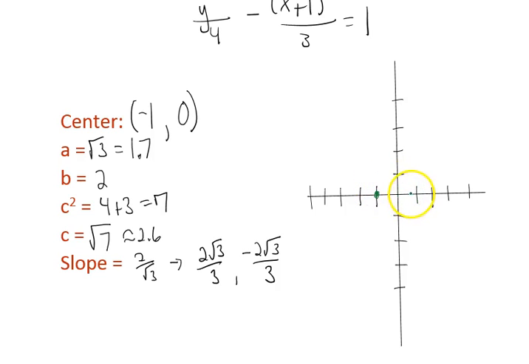That again, I'm just trying to estimate it when I'm sketching these things by hand. Left and right, 1.7, and I hope it stays on there. And then my B is 2, so I'm going to go up and down from the center 2. And I'm going to make my box to the best of my ability. You may want to use a ruler to make things more precise.